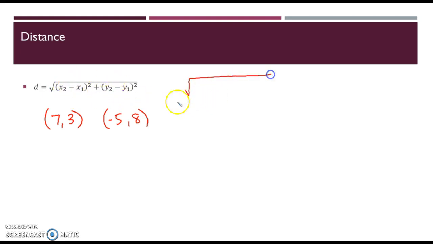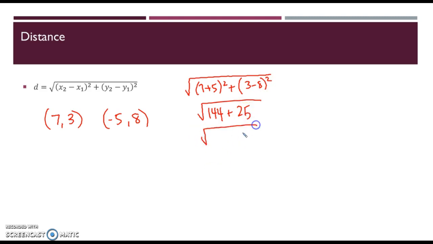So if I pick the first one, we'll say 7 minus negative 5 becomes 7 plus 5 squared, and then 3 minus 8 squared. Well, 7 plus 5 is 12, squared is 144, and then 3 minus 8 is negative 5, squared is 25. So 144 plus 25 is 169, and the square root of 169 is 13. So the distance between these 2 points is 13.